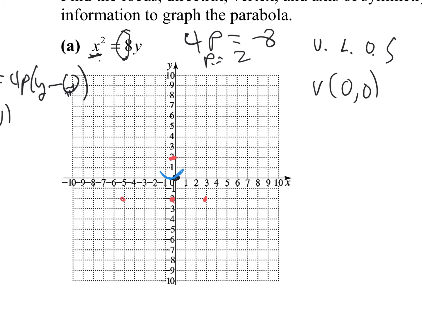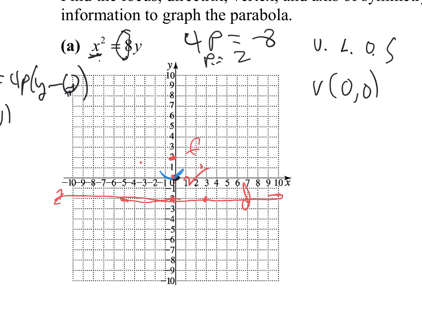So I'm putting a couple of points just to give me some guidance to draw a line. Focus, directrix, vertex. Now let me find one point. And then if I find one to the right, I know I have the opposite side because of the symmetry. And the symmetry is at 0, so it's going to be very easy.